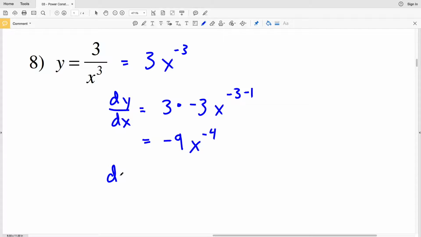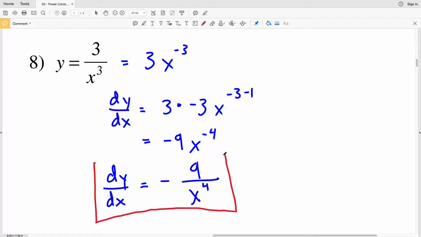So the derivative of y with respect to x equals negative 9 all over x to the positive 4. And that's my solution in number 8.